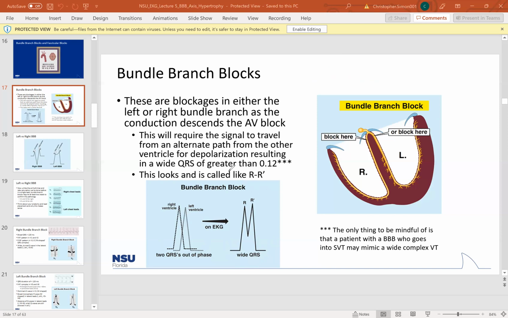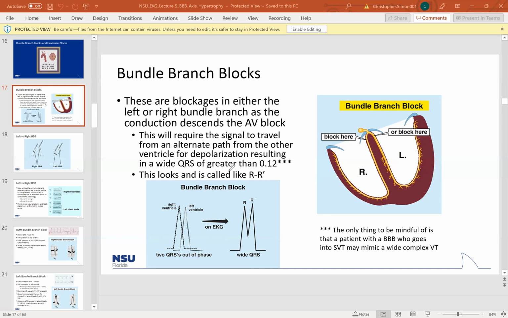So for example, if you have a right bundle branch block, electricity is not getting down that right bundle and innervating the right ventricle. So therefore electricity has to migrate from the left ventricle through cell-to-cell transmission over to the right ventricle, okay?